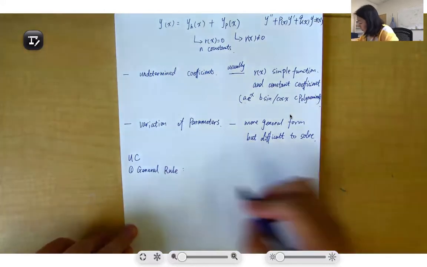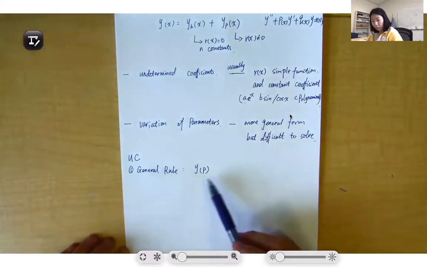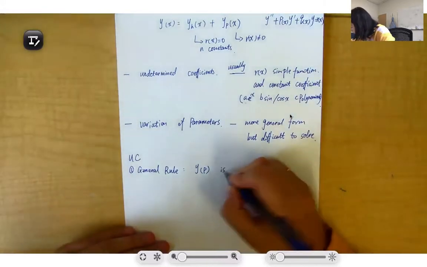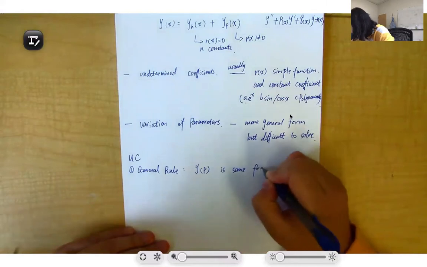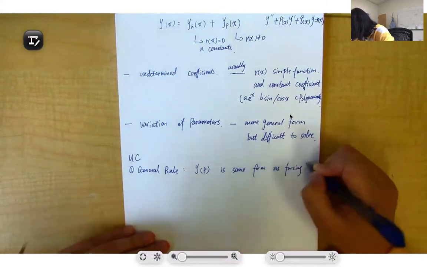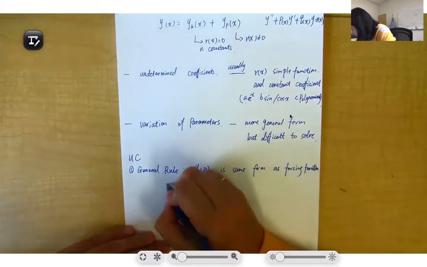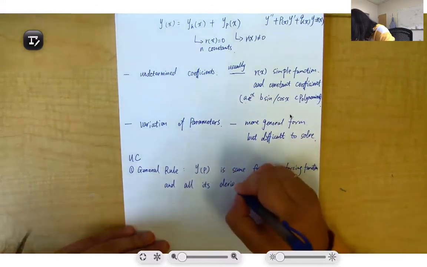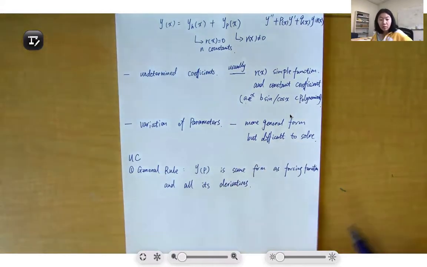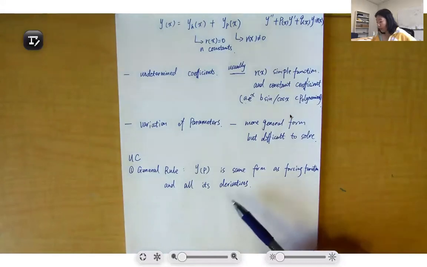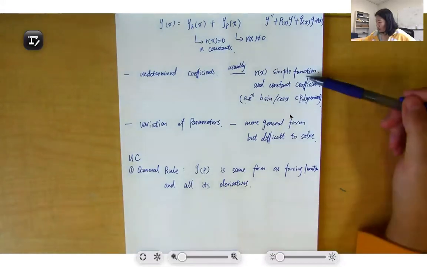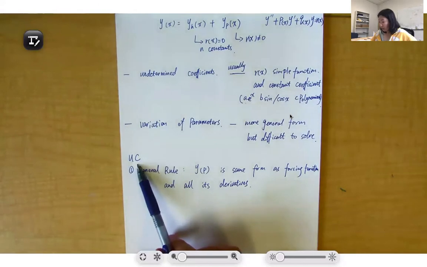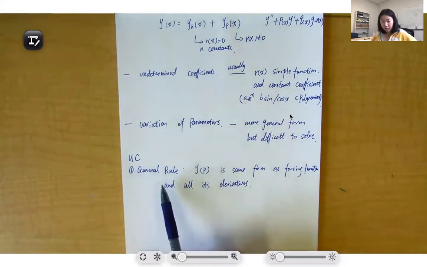The general rule is basically to use a solution form for the particular solution that is the same format as your forcing function and all its derivatives. This applies when your forcing function is very simple with constant coefficients, and then you can use undetermined coefficients.